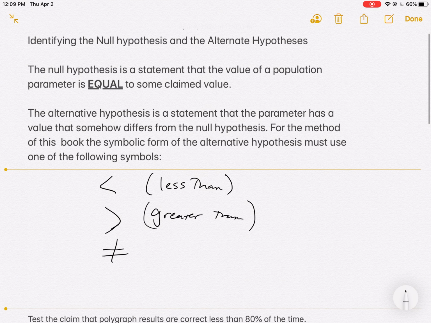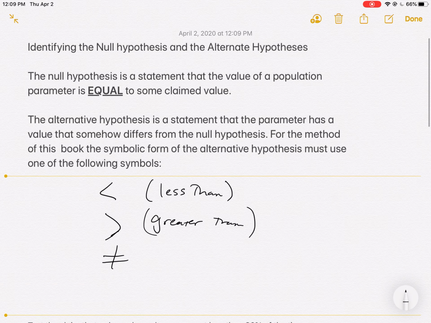So the alternate hypothesis, let me just write that out here. And they call it the alternative hypothesis, so I'll try to use that language as well. That has a symbol h sub 1 in our book. So h sub 1 is the alternative hypothesis, and it's either less than, greater than, or not equal to. It won't be any different from that.